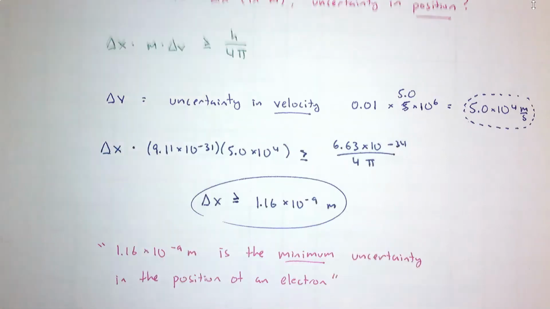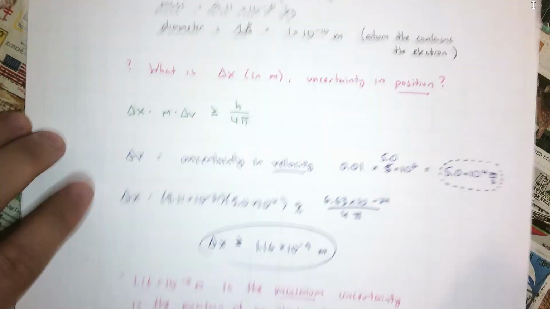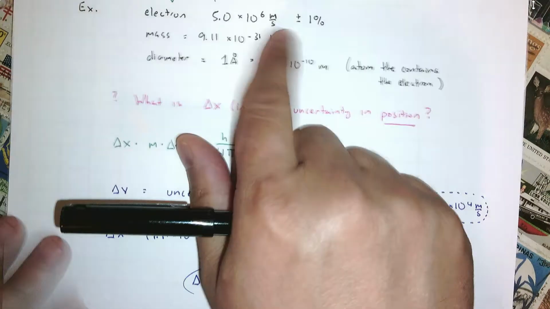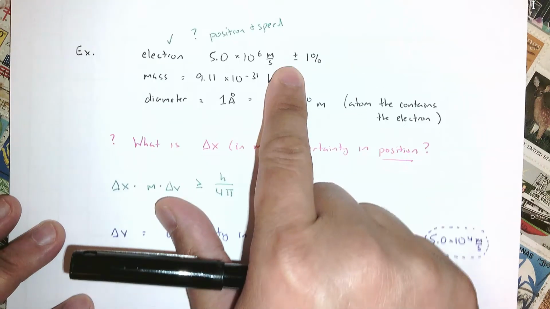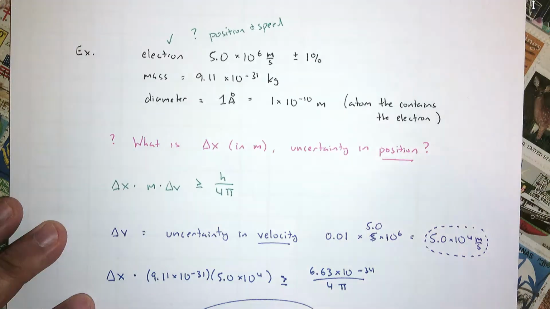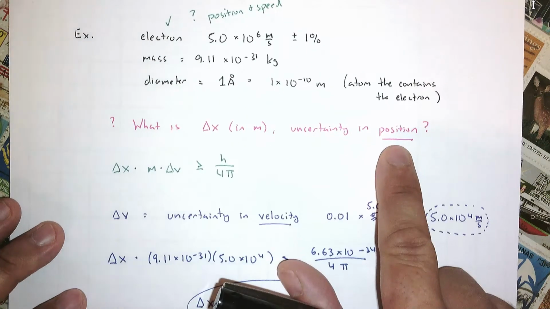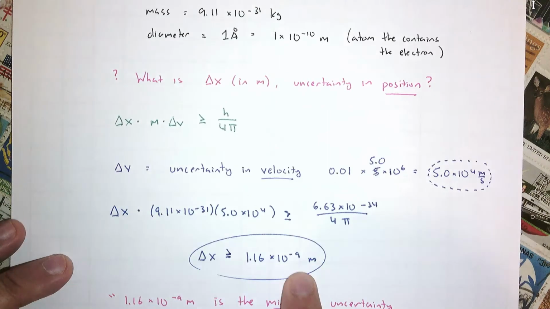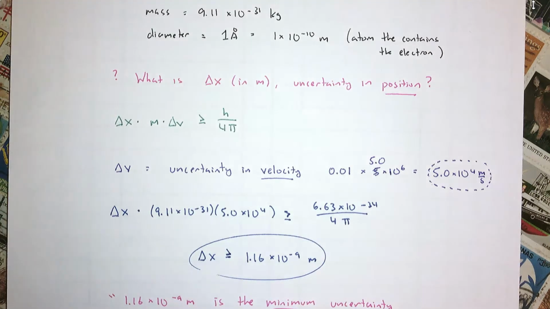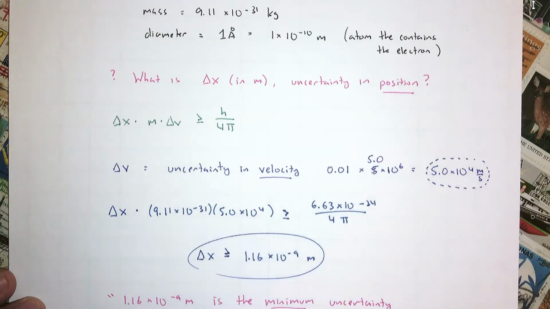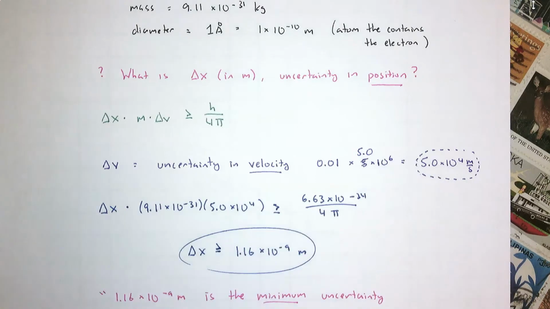But in terms of calculations, if you're given some certainty in the speed, you could definitely figure out the uncertainty in the position. Once you have that uncertainty in the position, which is in meters, you can now relate that to the size of, in this case, the atom, where the electron should be found, right? It should be found within the atom. But the uncertainty in this case is much, much larger than the atom's size itself.